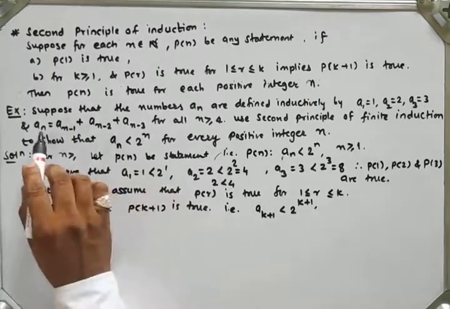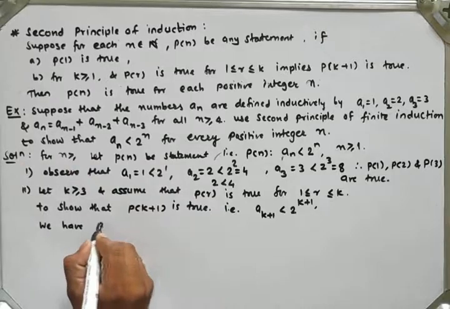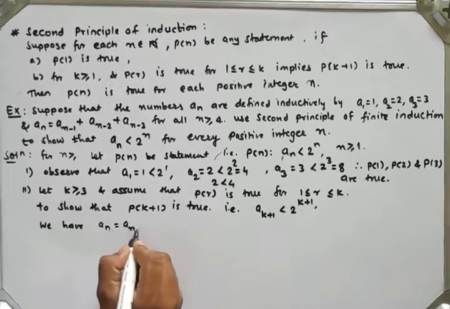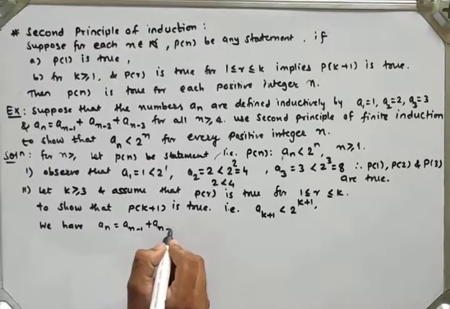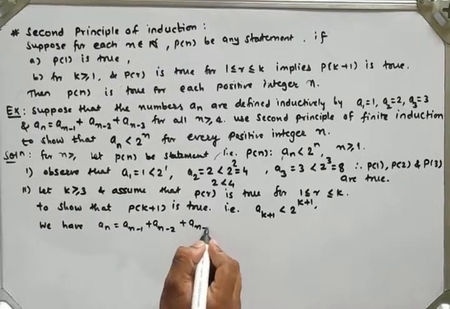So we have an equal to a(n-1) plus a(n-2) plus a(n-3).